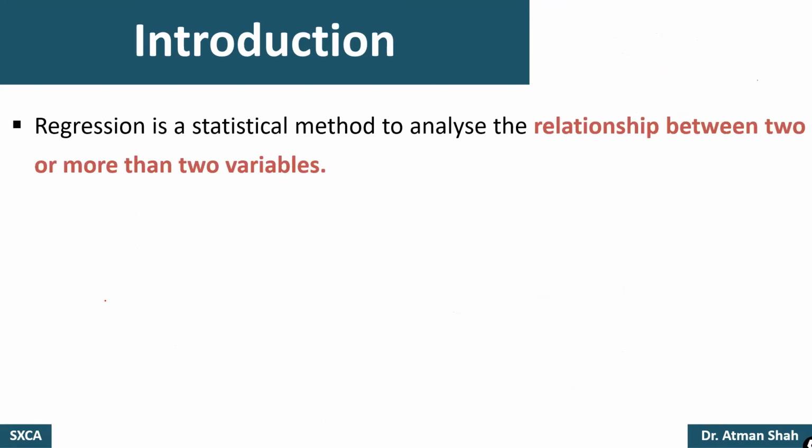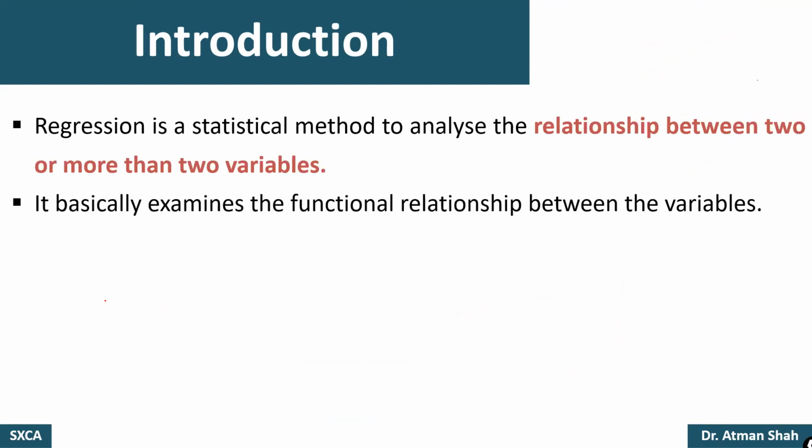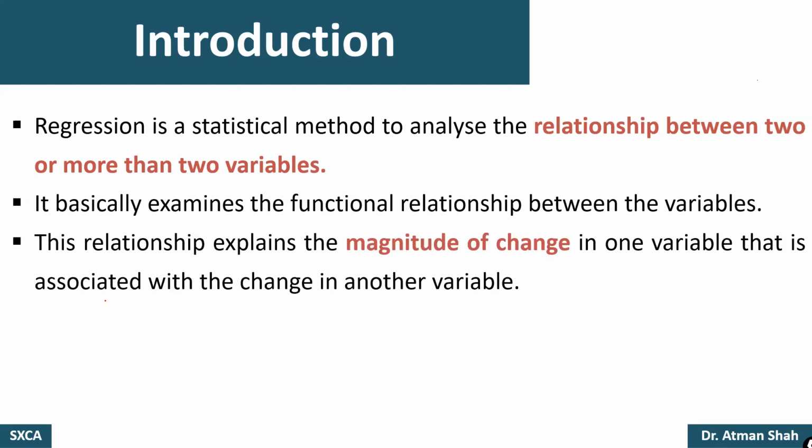So regression is a statistical method to analyze the relationship between two or more variables. It basically examines the functional relationship. So this relationship explains the magnitude of change in one variable that is associated with the change in another variable.